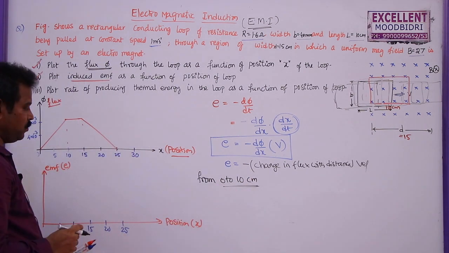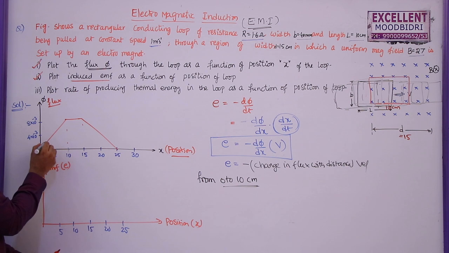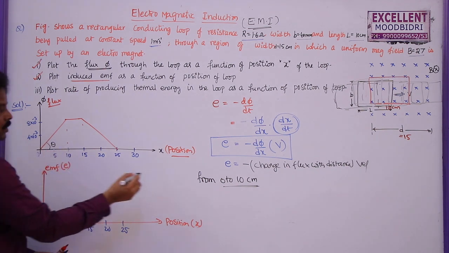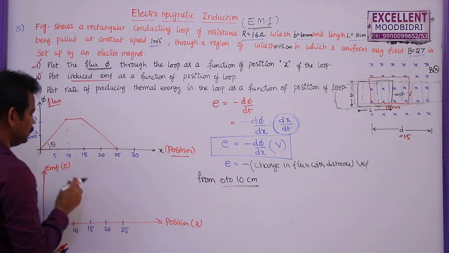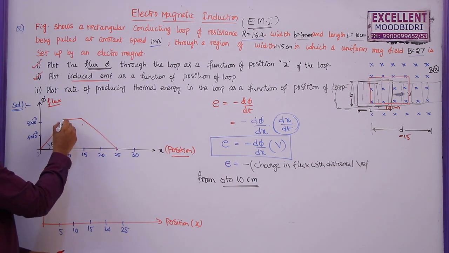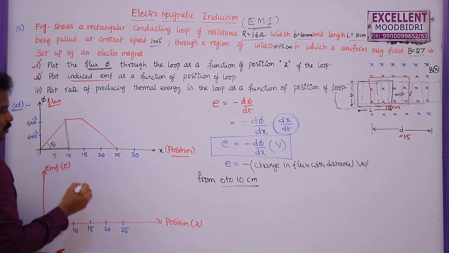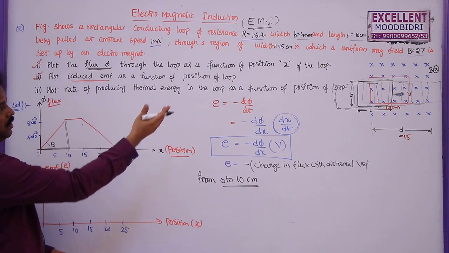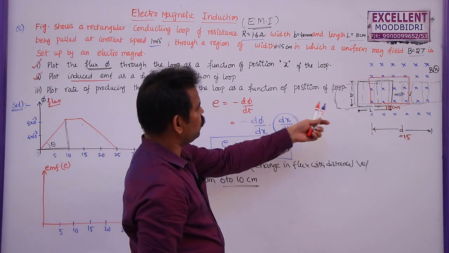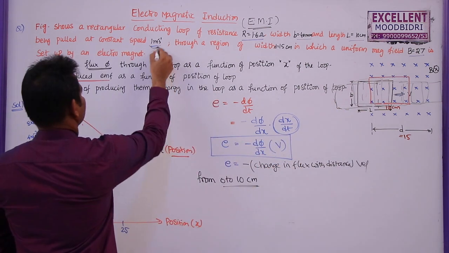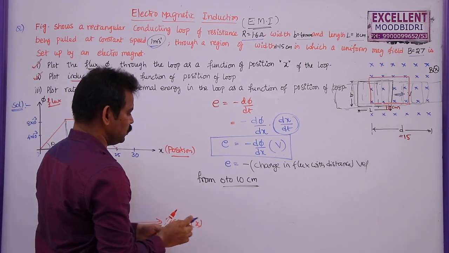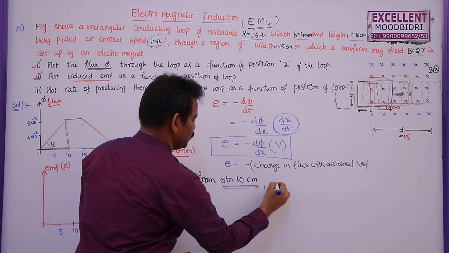How to find the EMF from 0 to 10 centimeters? First I need to find the slope of this, because this is d phi by dx, meaning the opposite side is d phi and this is dx. So this is the slope of this curve into the velocity. Here the velocity is given as 1 meter per second in this problem. So I am going to use this from 0 to 10 centimeters.